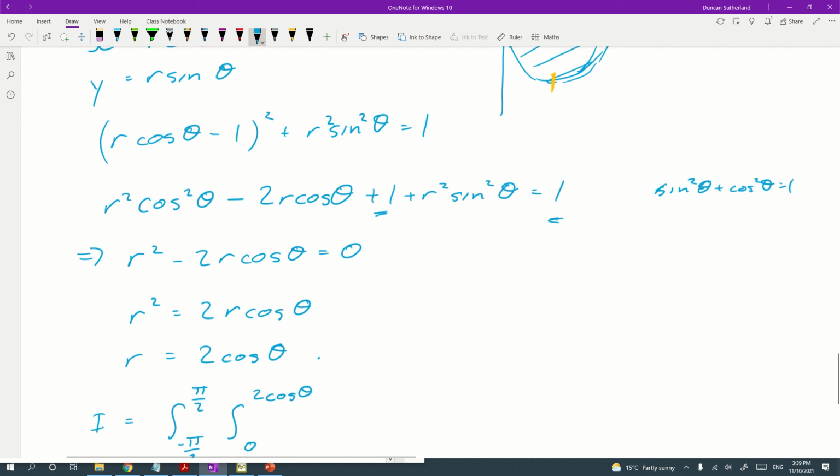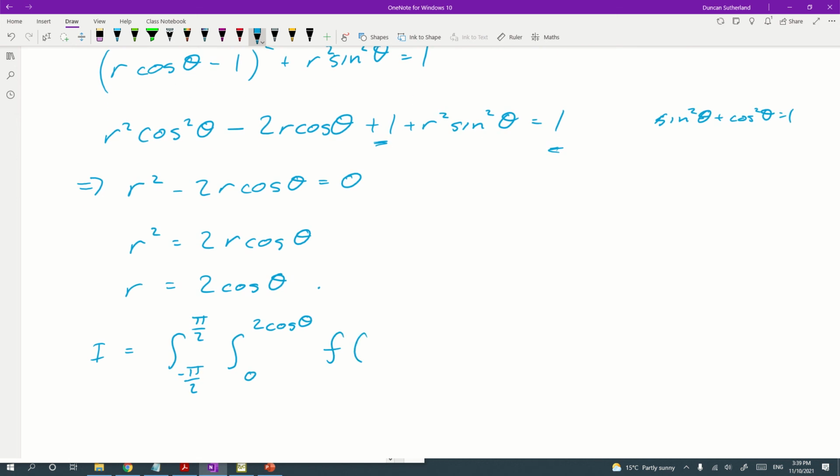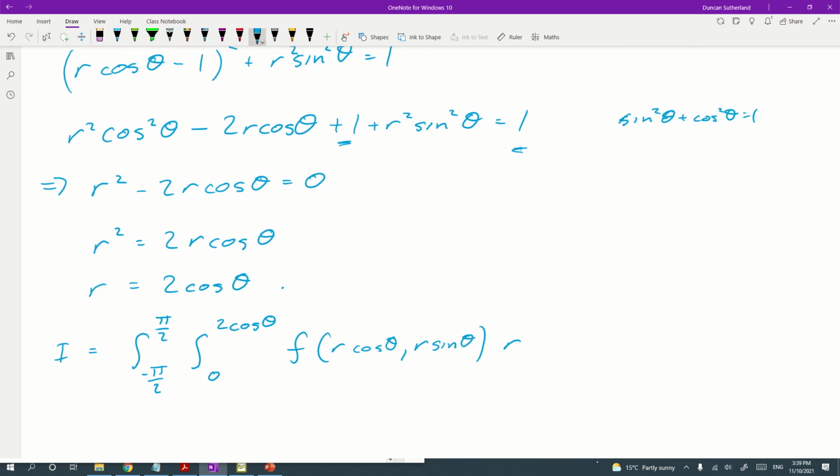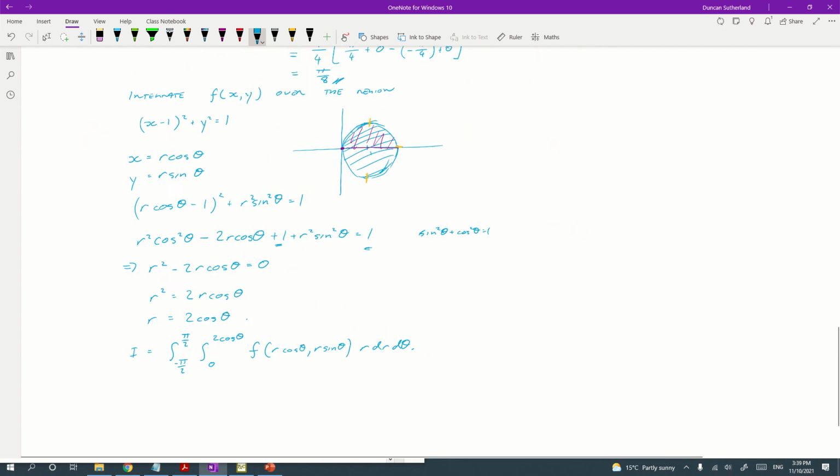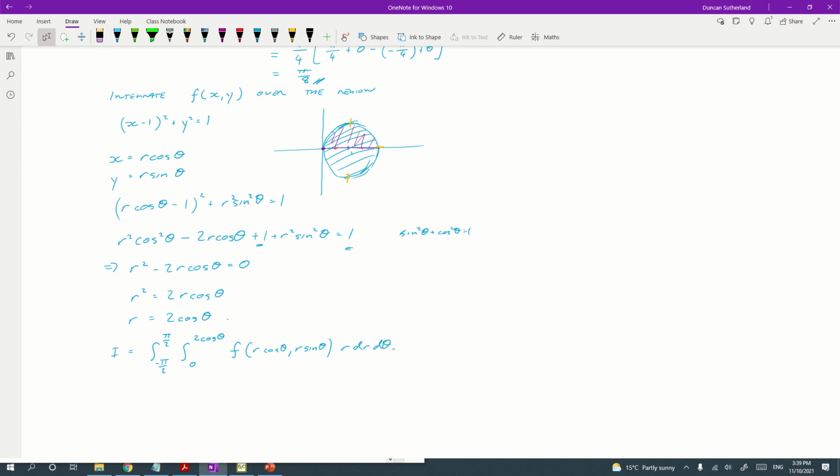We're not actually told what the function is. So that's just f of r cos theta, r sine theta. Just substitute x and y, r dr d theta. All right, so that's how you figure out, or that's a more complicated example. You just have to be very careful in describing your regions.